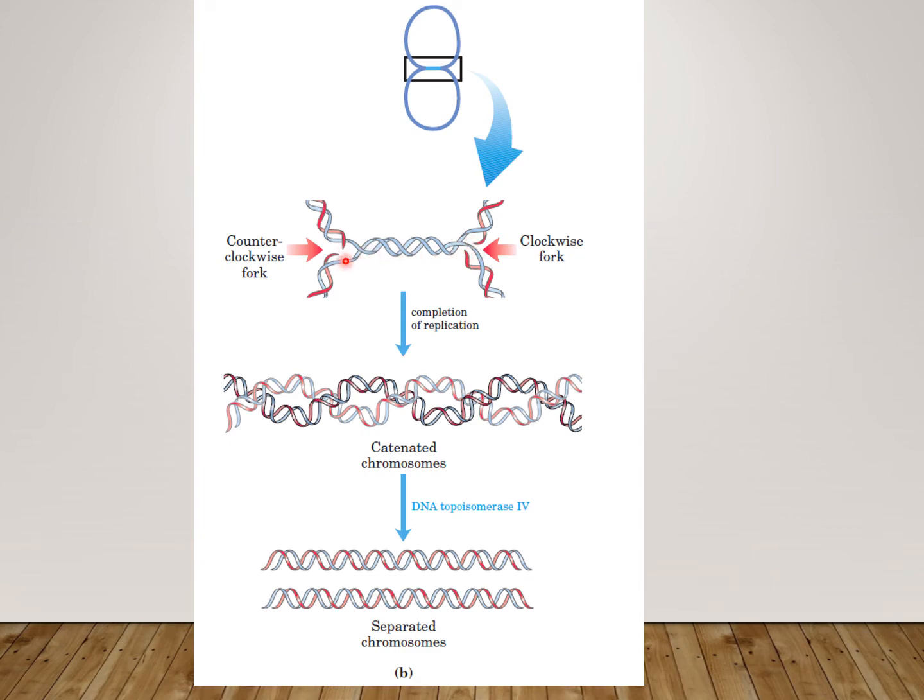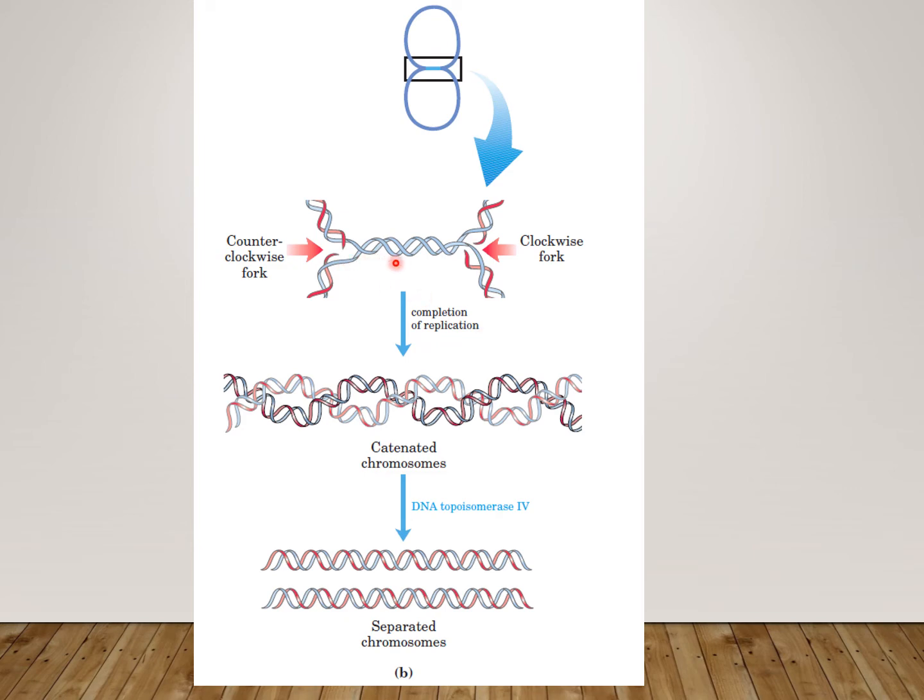Now, this part is replicated without undergoing unwinding of DNA by helicase. So this entire portion, the last remaining portion of the circular DNA, undergoes replication without unwinding.